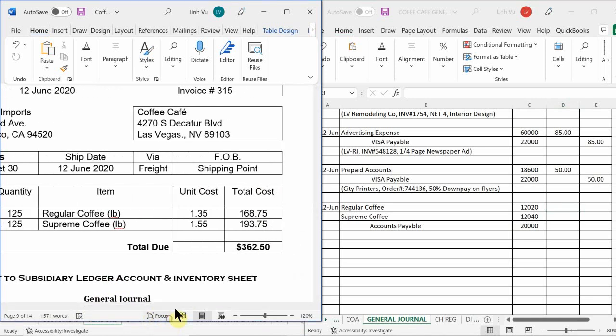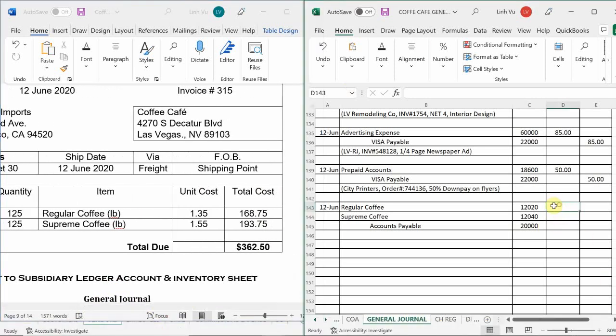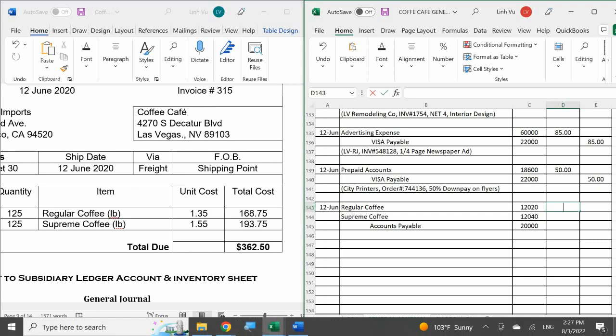Did we buy? 168.75. Right? Rules of journalizing, you have to use the monetary unit or monetary measurement in this case. We need to measure this in terms of value, not quantity. We're going to record that quantity in our inventory worksheet. So in this case, that's what the total cost of 125 pounds of regular coffee was. What about supreme coffee?